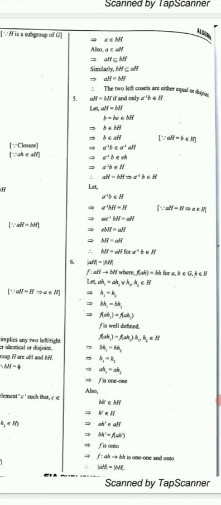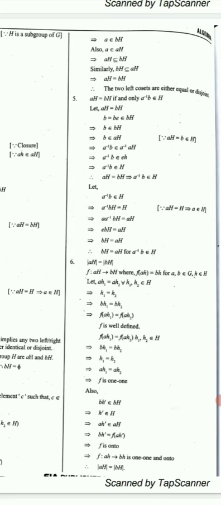b belongs to h. Now let ah equal to bh. Now I am taking b equal to b into e belongs to bh, because a equal to ae belongs to ah. Similarly we write b equal to be, that belongs to bh. That implies b belongs to bh. That implies b belongs to ah, because ah equal to bh, so instead of bh I kept here ah.